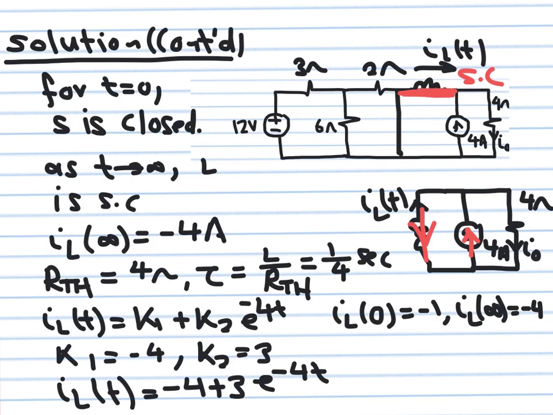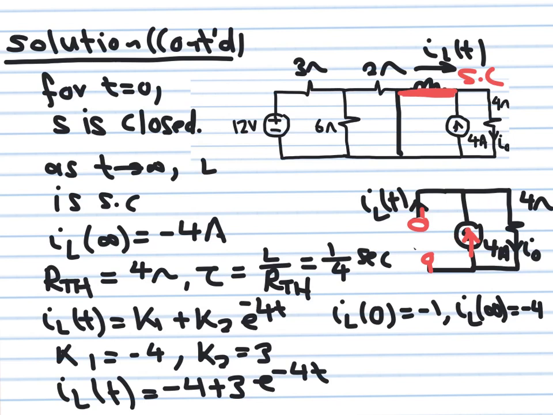So if you open circuit this part here, I'm going to erase all this and create an open circuit. So I have this terminal and this terminal, and I will have to get rid of all the independent sources as well, in the way we did before.